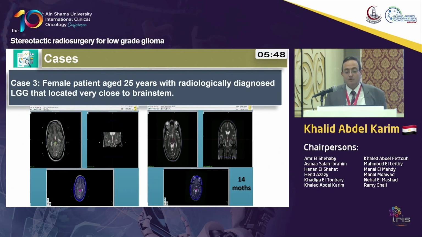A female patient, 25 years, with radiologically diagnosed low-grade glioma located very close to the brainstem. The images can show you how the difference is and how clinically the patient improved after relieving that pressure from the brainstem.